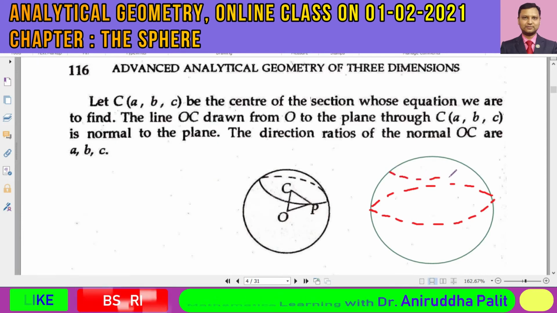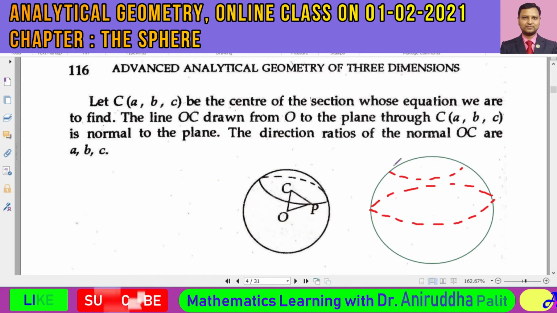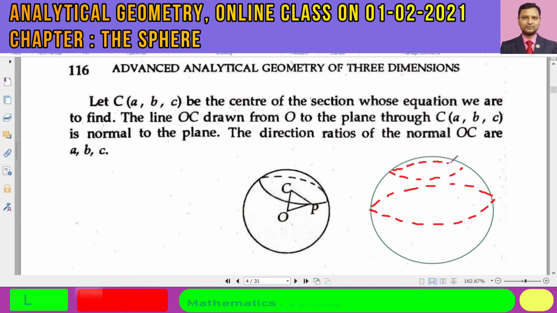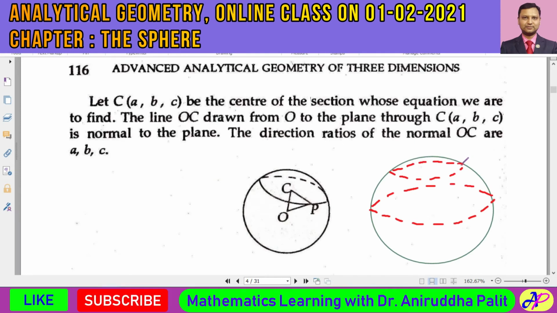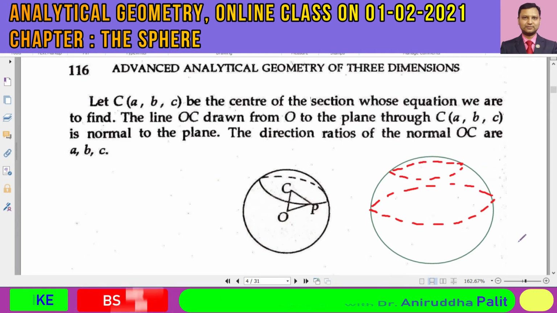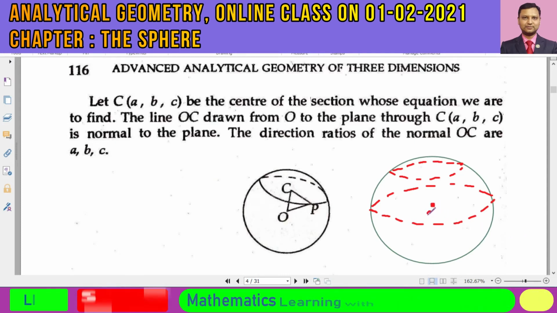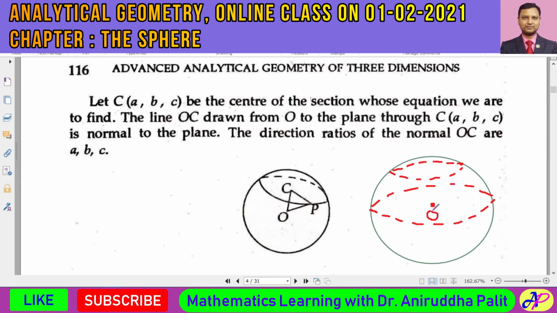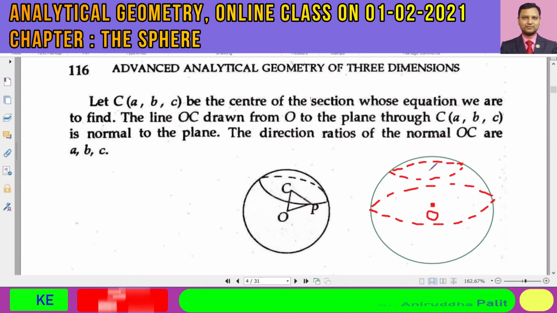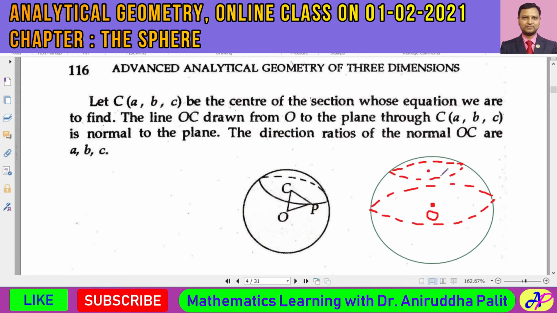Any circle on the sphere other than a great circle is called a small circle. This is the distinction between a great circle and a small circle. Now suppose this point O is the center of the sphere, and this point C is the center of this small circle.